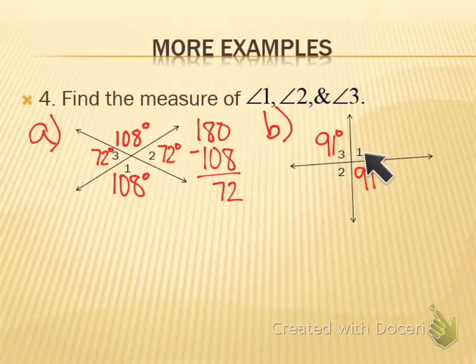Which one? 1? Okay. So, if we look at angle 1, it makes a linear pair with angle 3. So 1 and 3 would have to be supplementary.